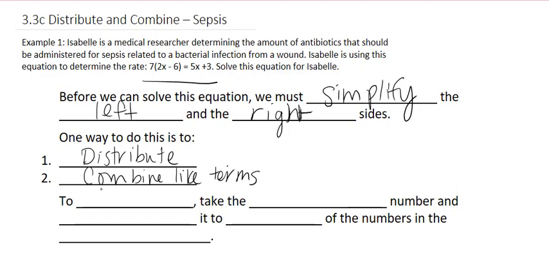So to distribute, take the outside number, and then we're going to multiply it to each of its numbers in the parentheses.